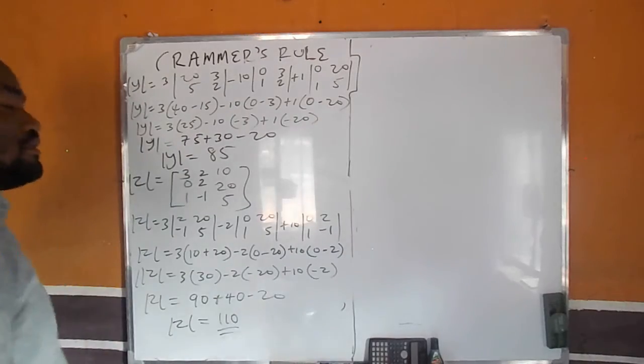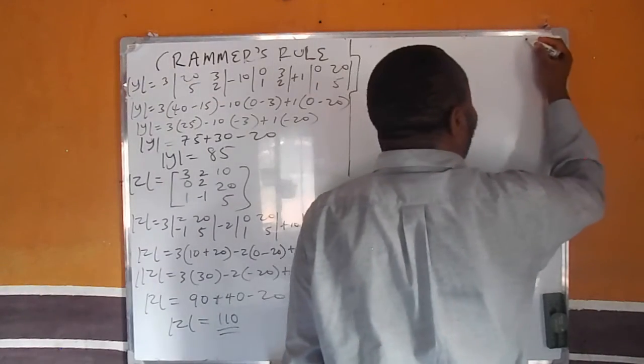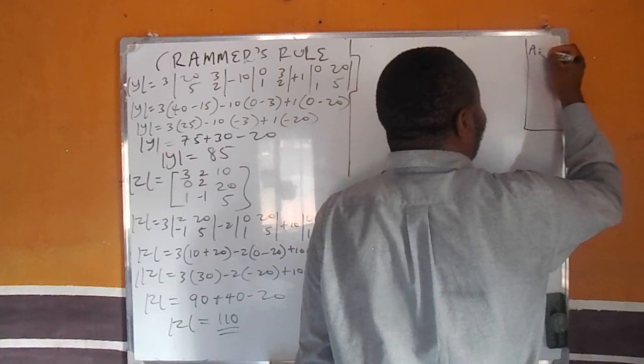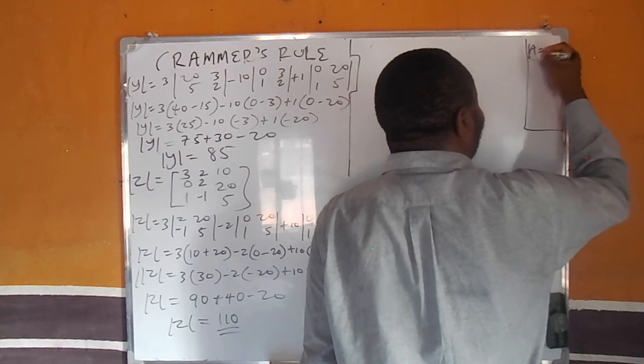From our solving, we say our determinant of A equals 25.